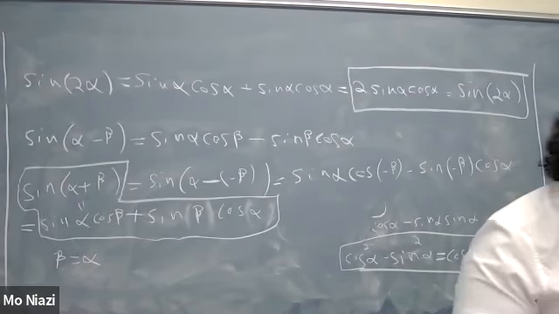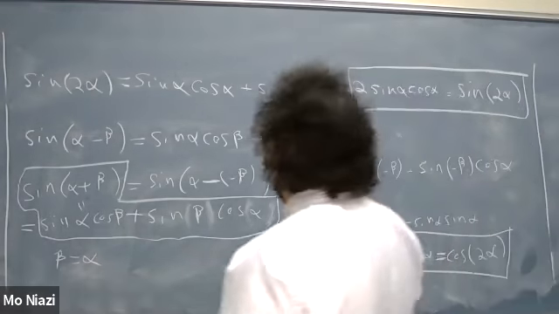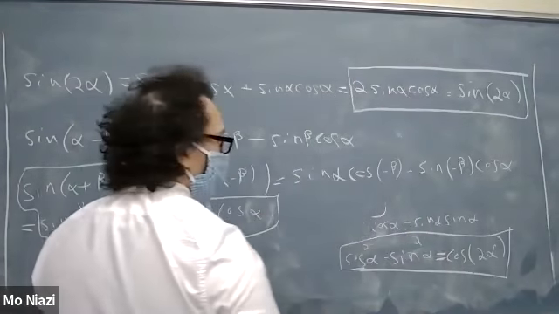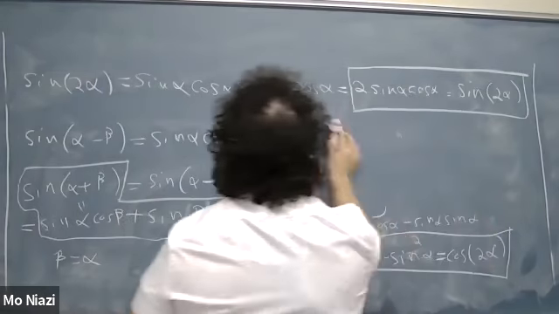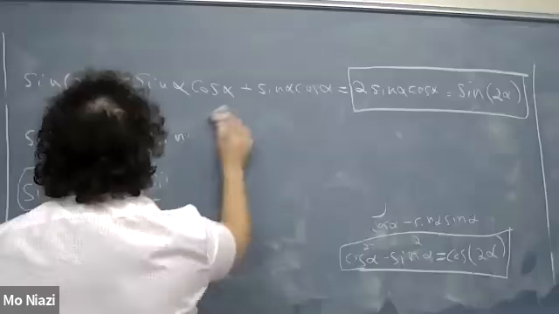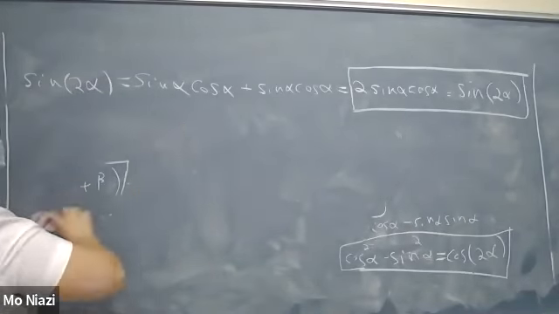Now, notice that there's even more possible expressions for the cosine of 2 alpha, right? Let me clear up some real estate here. What do I mean by that?